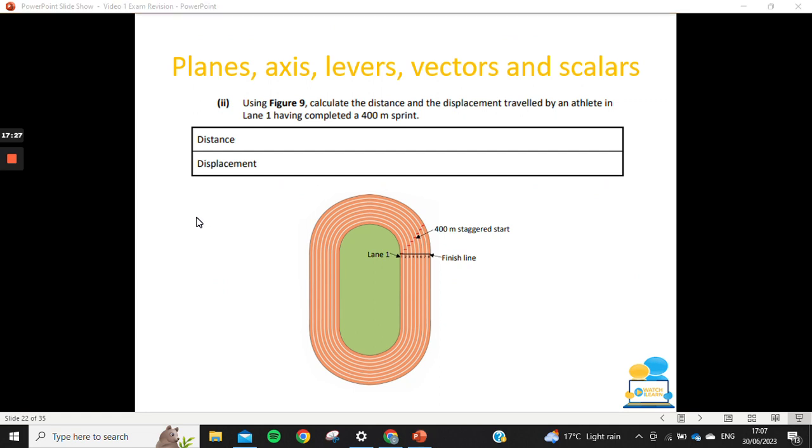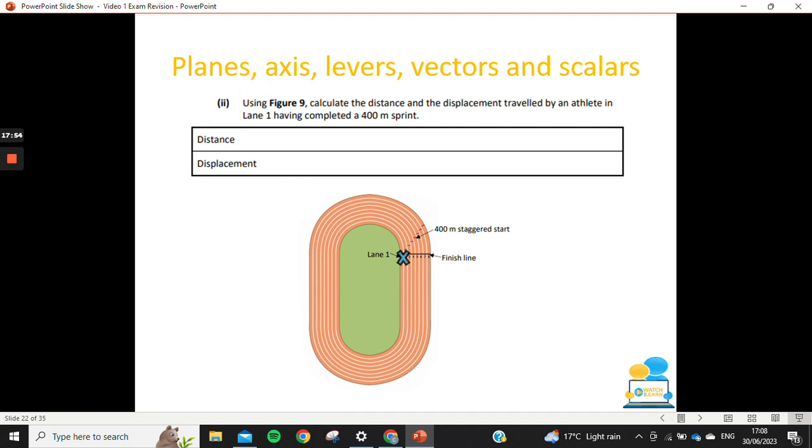So the next part of that question is looking at what we did previously: calculating the distance and the displacement of an athlete having completed a 400 meter sprint in lane 1. So if we imagine we have a GPS trace here starting in lane 1 and sprinting all the way around the 400 meter track, that would be our distance.